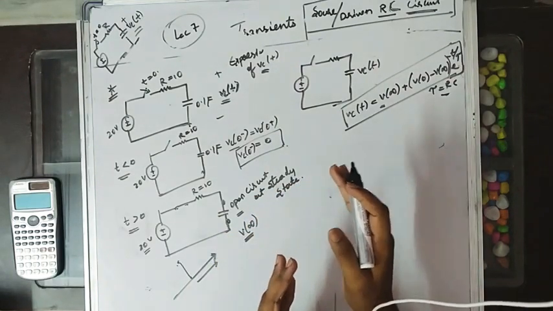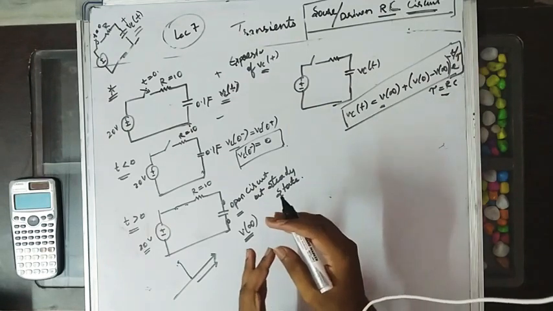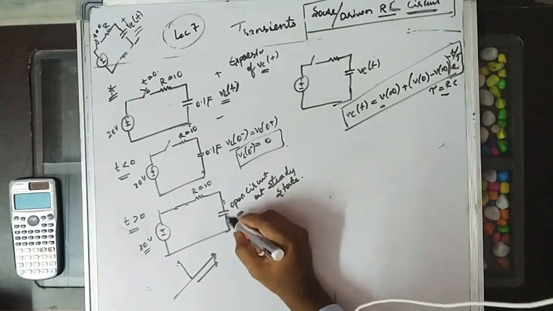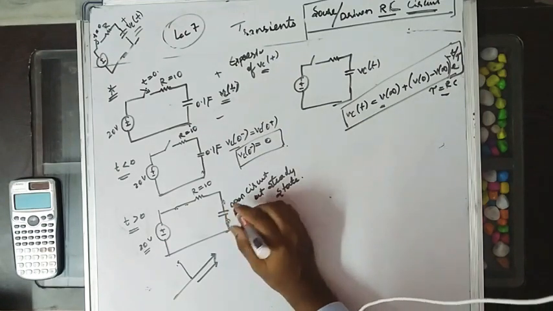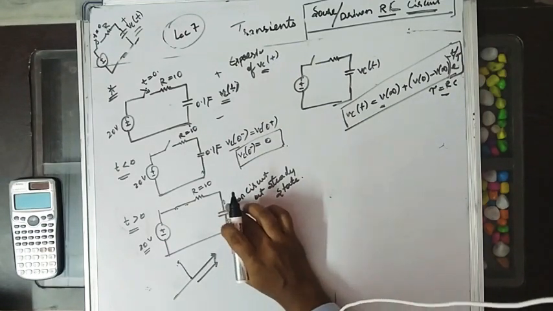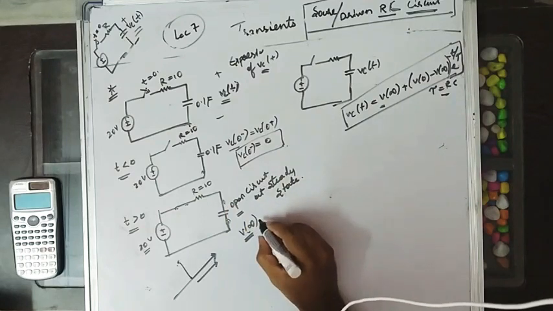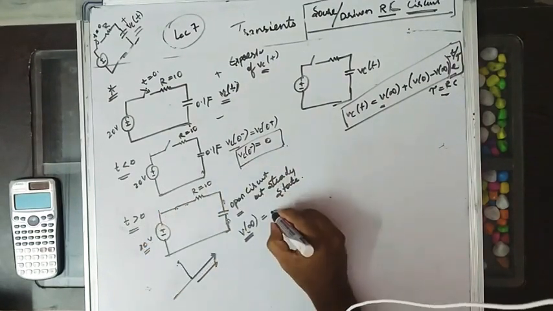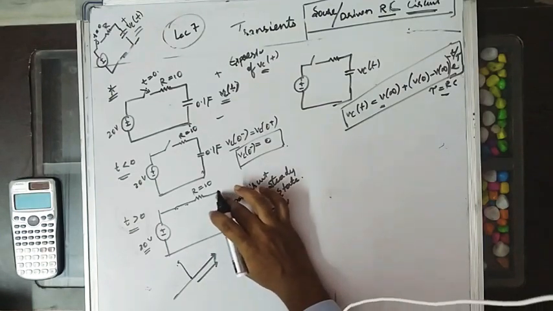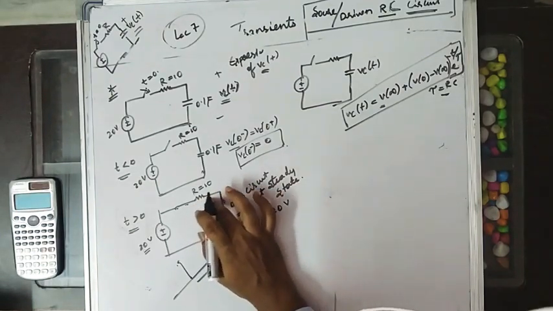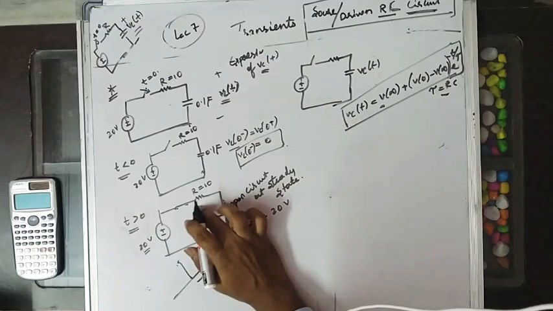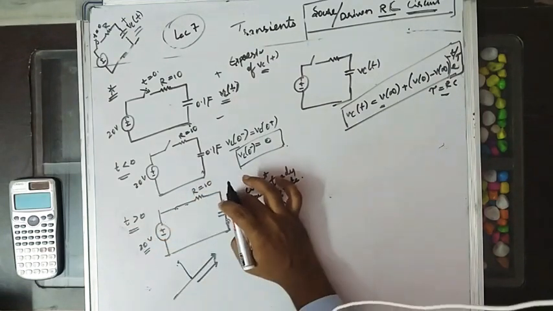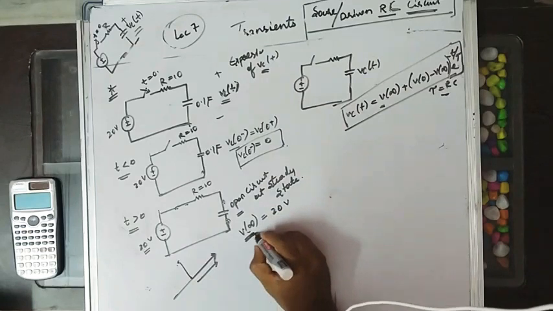At infinite time, the capacitor behaves as an open circuit. If the capacitor becomes open circuit, then what happens here? The Vc of infinity is whatever the voltage is there, 20 volts, which will be accumulated here. So there is no flow of current here. If there is no flow of current, the drop across the resistance is 0. Therefore, the entire voltage of 20 volts will be accumulated here. The Vc of infinity will be 20 volts.